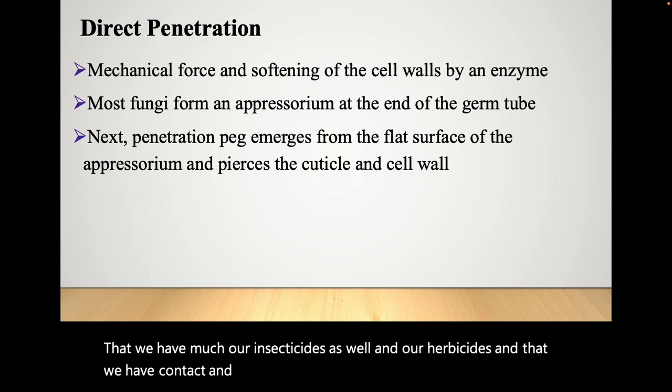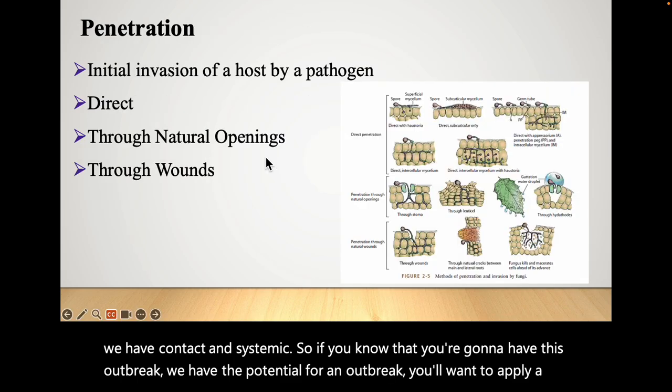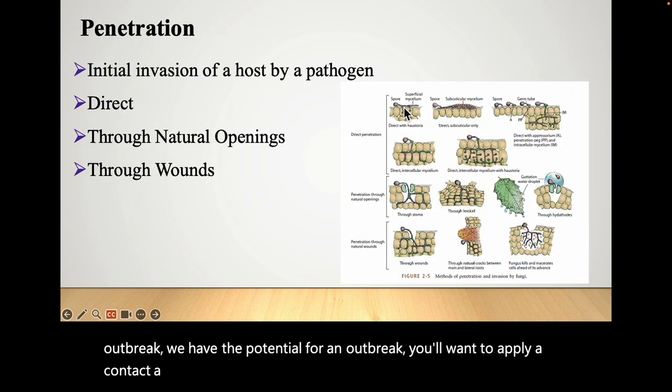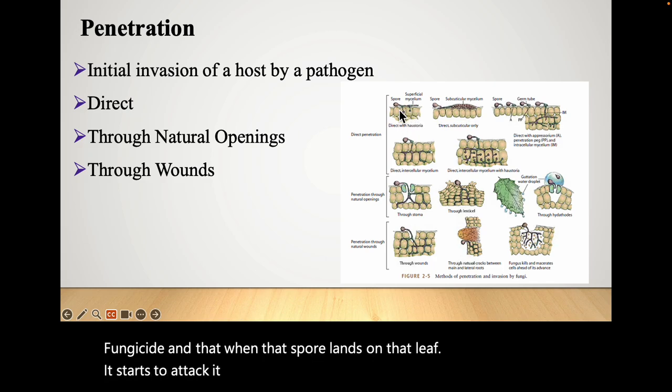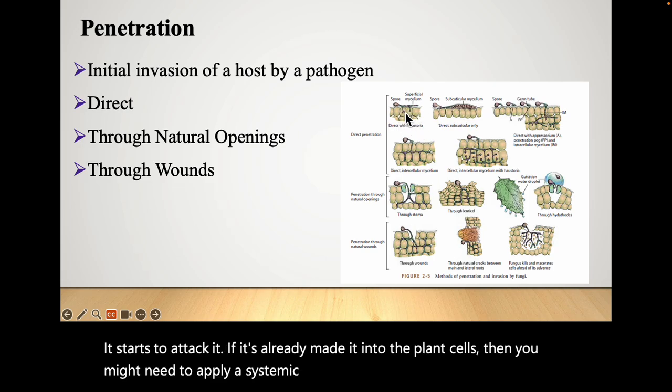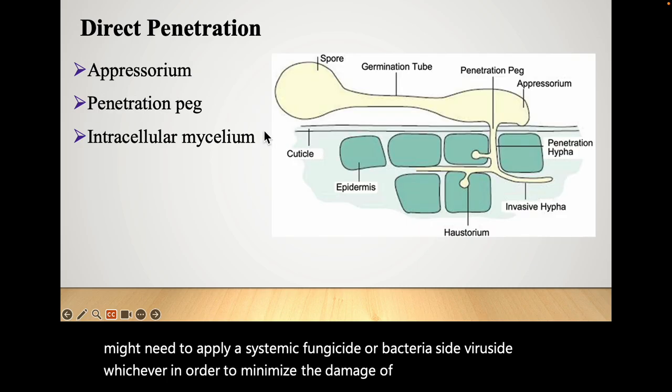And so if you know that you have the potential for an outbreak, you'll want to apply a contact fungicide, so that when that spore lands on that leaf, it starts to attack it. If it's already made it into the plant cells, then you might need to apply a systemic fungicide, or bactericide, virucide, whichever, in order to minimize the damage of that disease.